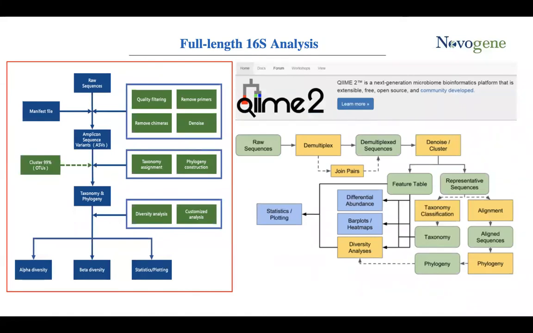For the analysis part, the most up-to-date QIIME 2 bioinformatic platform is used, which will provide a more accurate and all-round analysis of your samples for full-length 16S analysis.